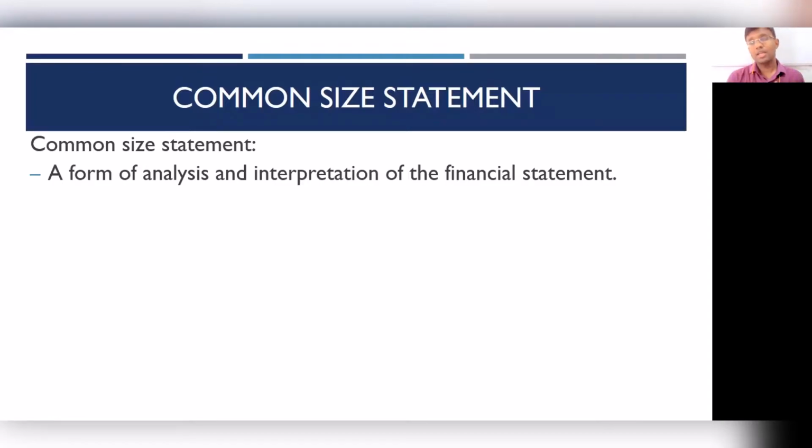When we look at companies, you may see companies which are very diverse and which are operating at different scales. So sometimes it becomes very difficult for us to compare some companies. For example, if you look at an IT company like IBM, IBM on an average employs around 4.5 lakh employees.